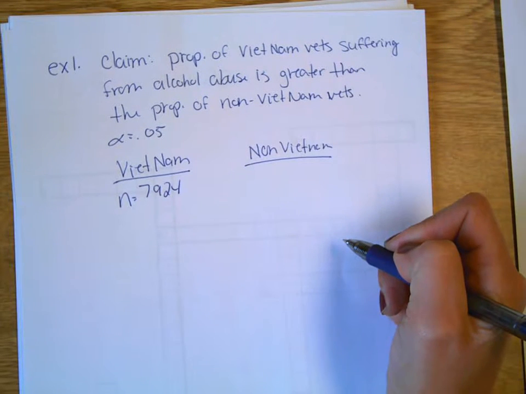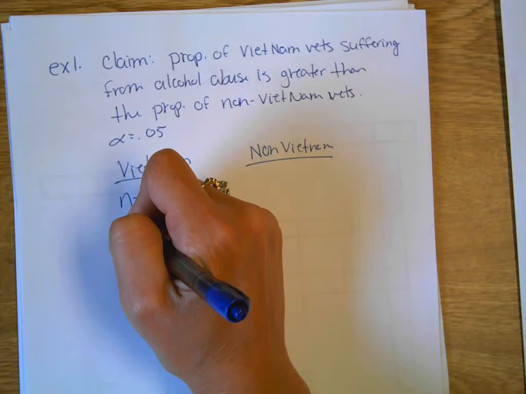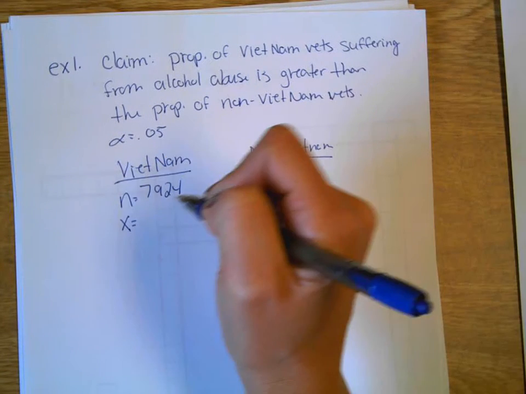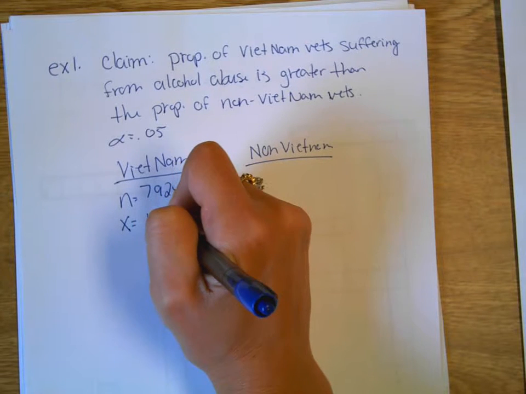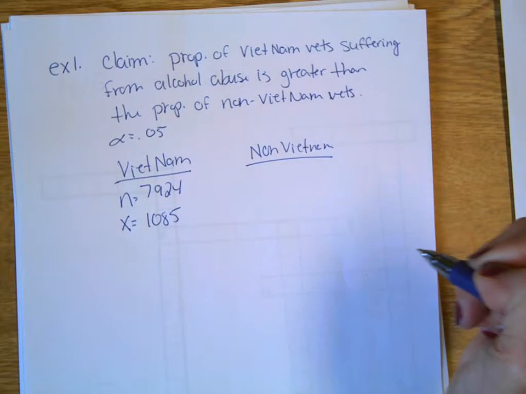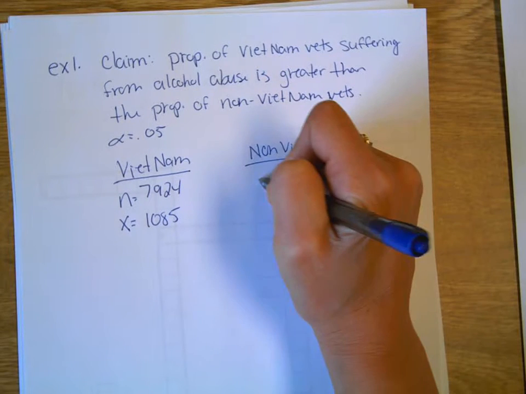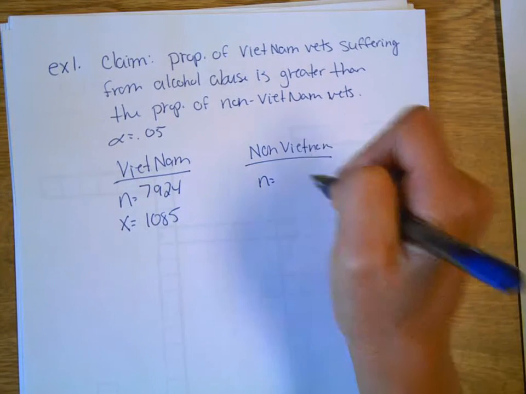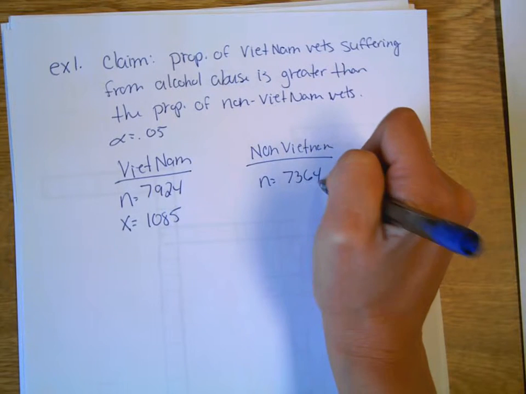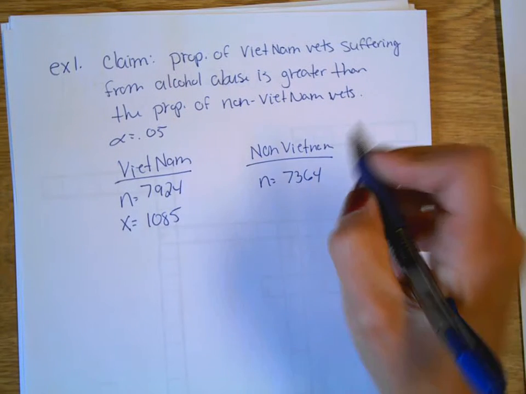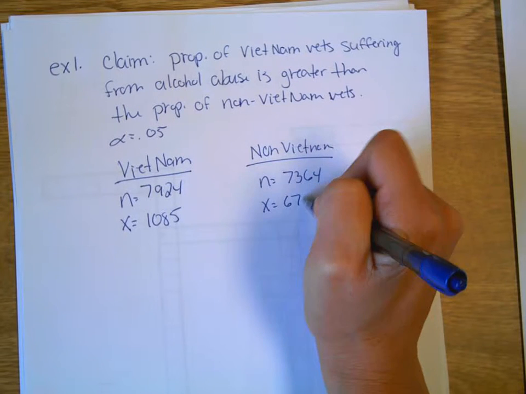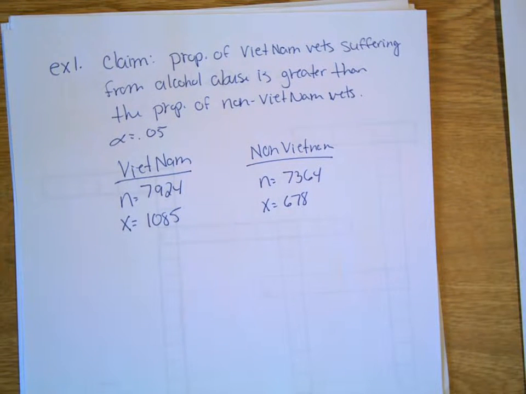That's a pretty large sample. Alcohol abuse is X. That's 1,085. And the non-Vietnams, they had a total of 7,364, with 678 suffering the alcohol abuse, because it's a number of successes. So we're going to make a proportion out of it.